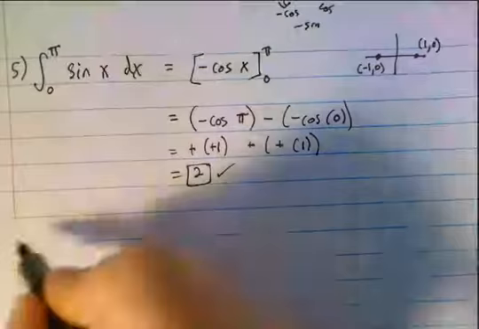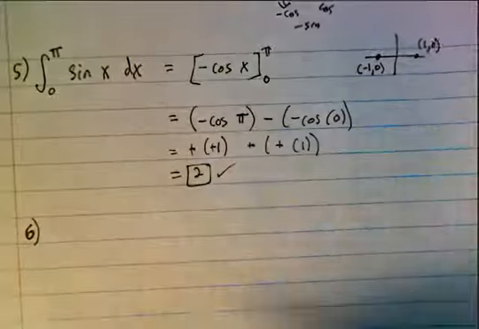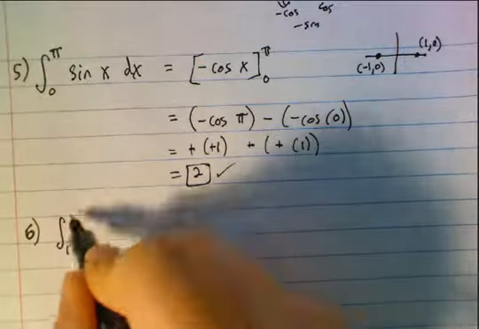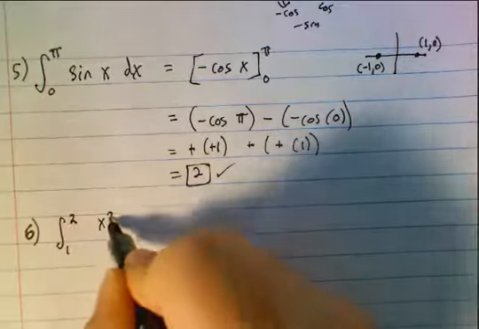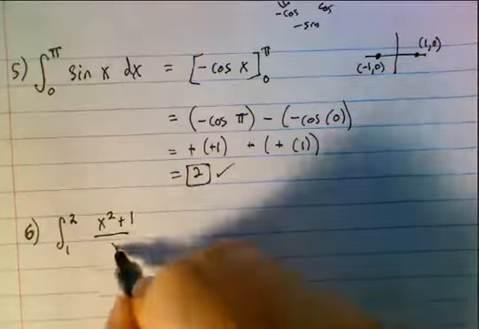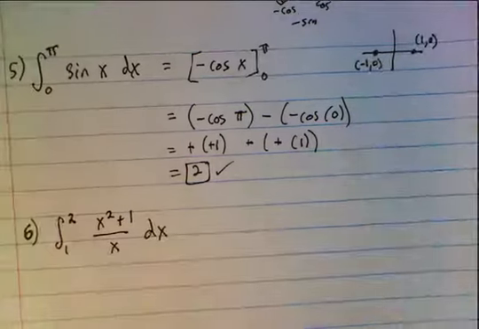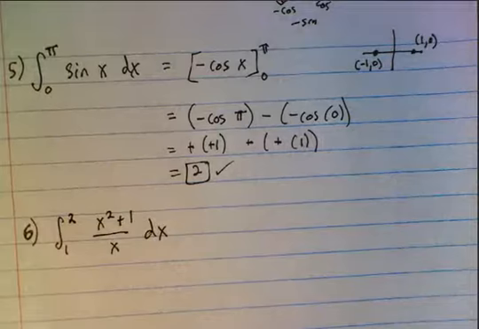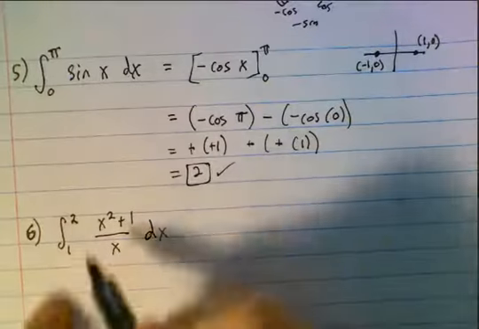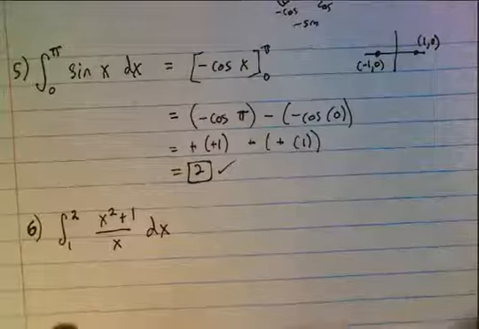And our final one is just showing you how sometimes we have those rewrite steps still in here. So let's do the integral from 1 to 2, x squared plus 1 over x dx. And let's keep our rewrite steps over here before we do our integral steps over here.